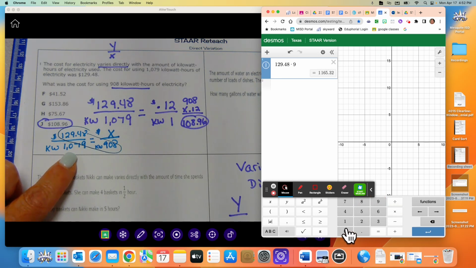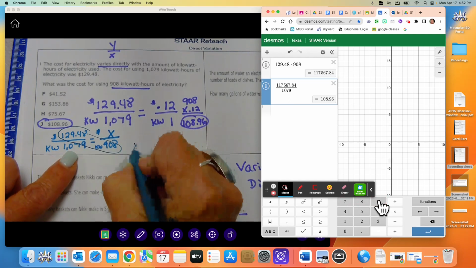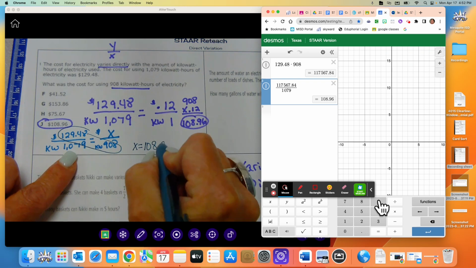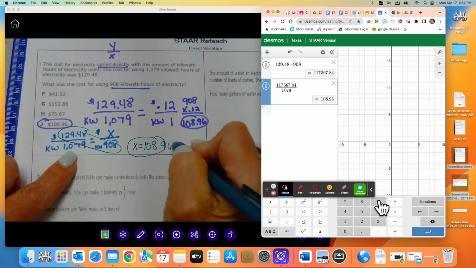We multiply $129.48 times 908. Then to solve for x, you're going to take this answer, 117,567.84, and divide it by 1,079, and x is equal to $108.96.